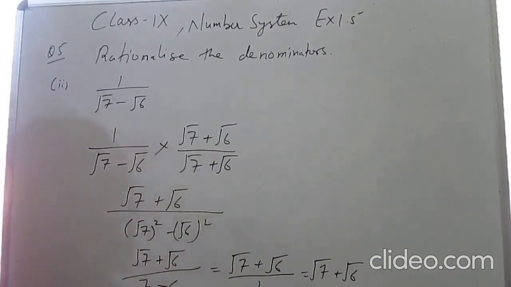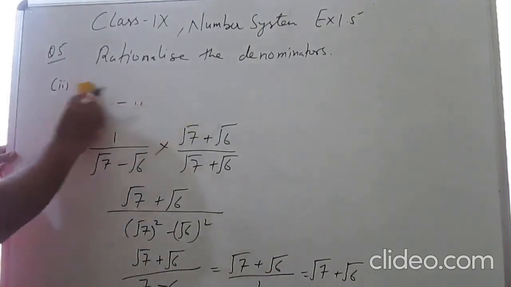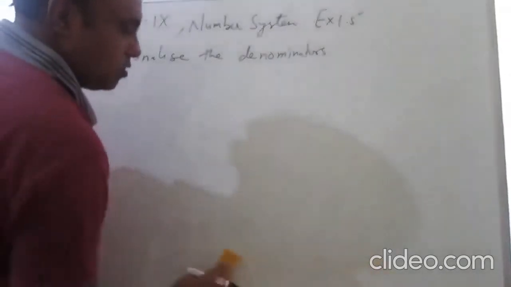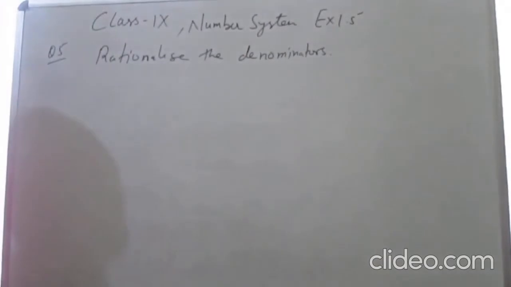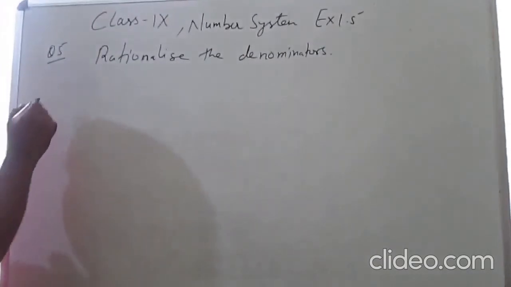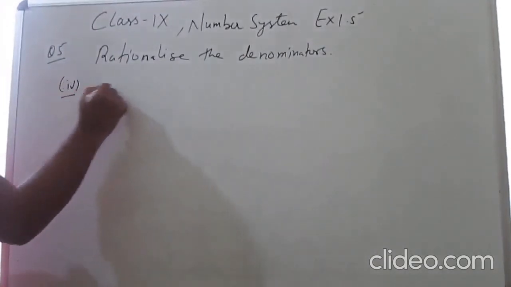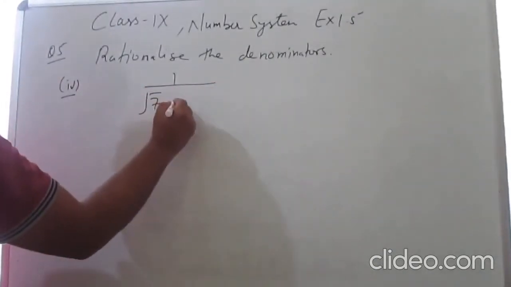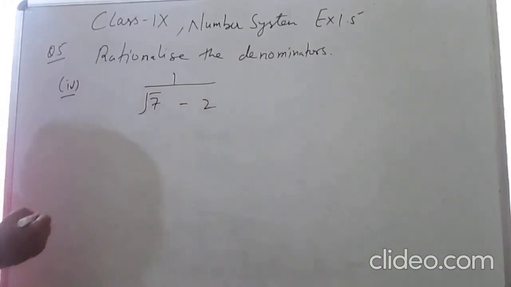Now question number 5, fourth part. Now see another rationalization for understanding the pattern. The question given to you is 1 upon root 7 minus 2.